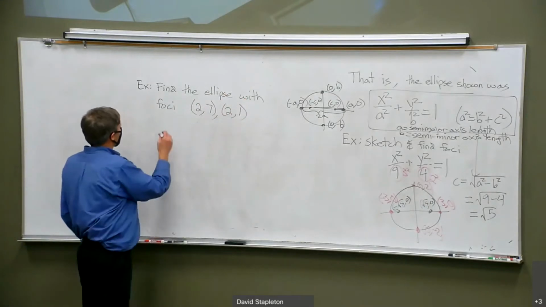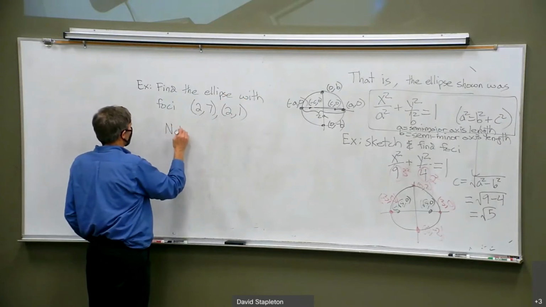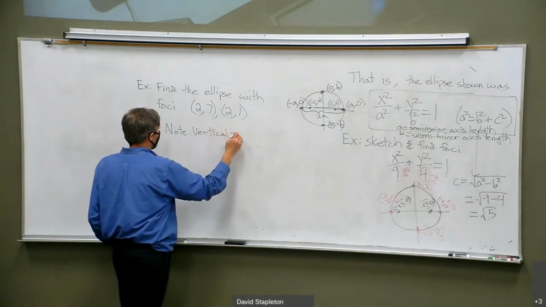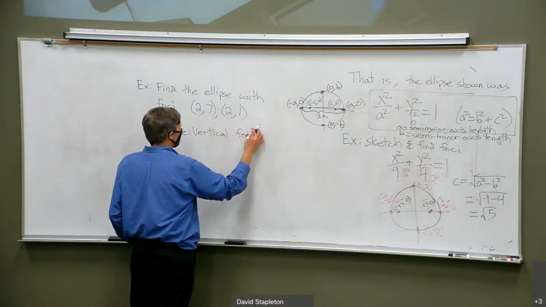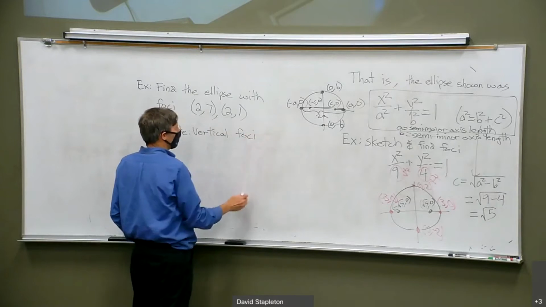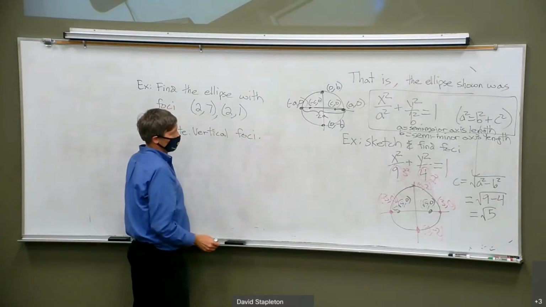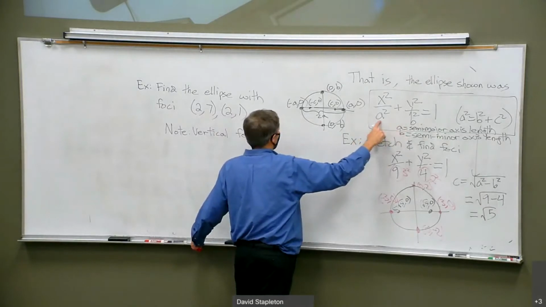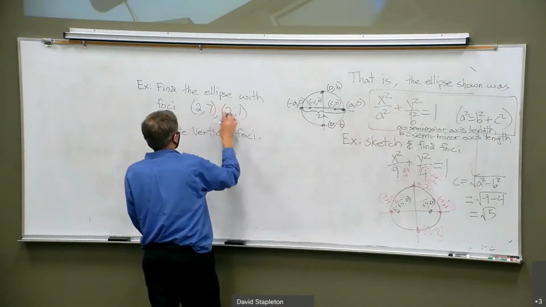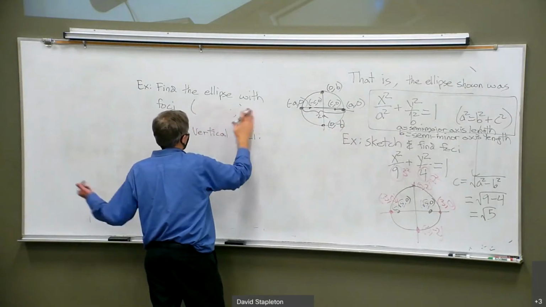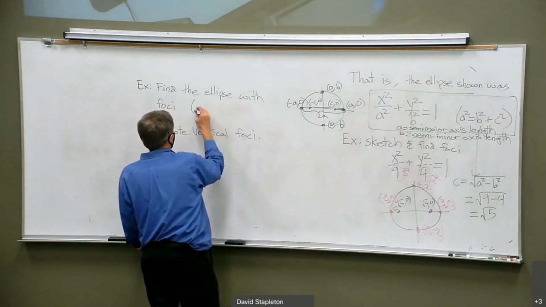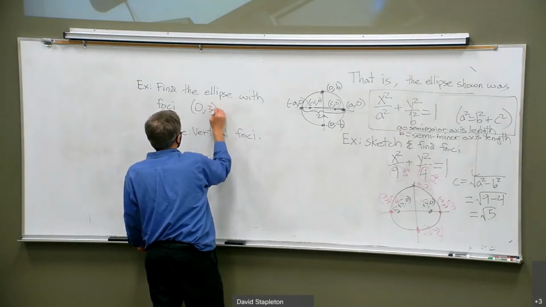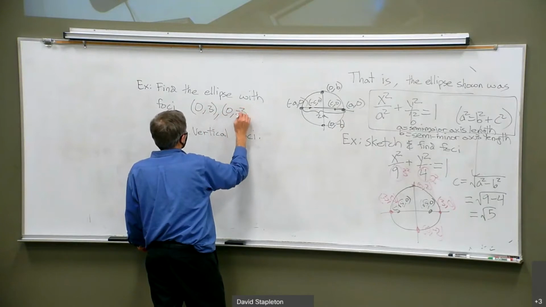So we need to note that if you want vertical foci, then you have to rewrite the equation. How can I rewrite the equation? This is for semi-major axis along the x-axis. Oops, I'm sorry, I'm jumping ahead in my example here. Let's make the foci at (0, 3) and (0, -3).